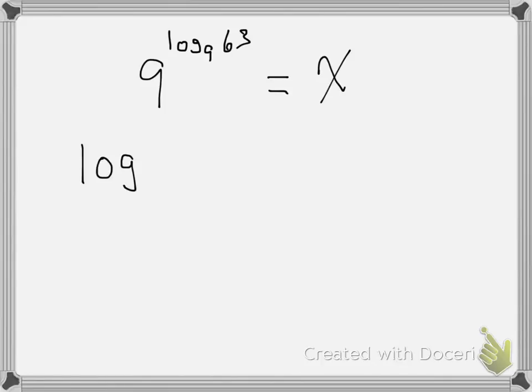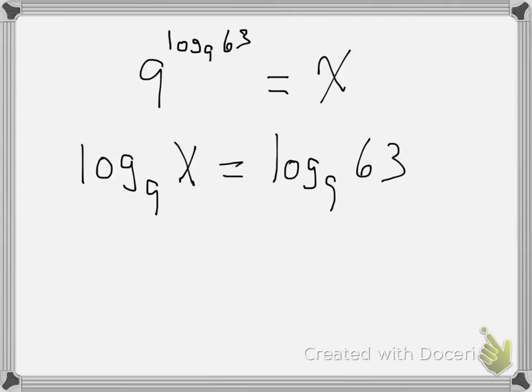And I can rewrite this thing, the log base 9 of x is equal to the log base 9 of 63. So if these things are equal, that means that x has to equal 63. And again, that's enough of an explanation to show how you got that answer. If you'd like to add some words, that would be awesome.